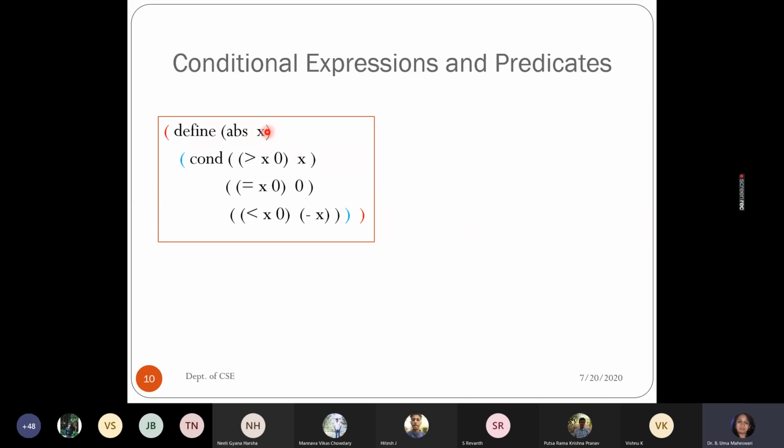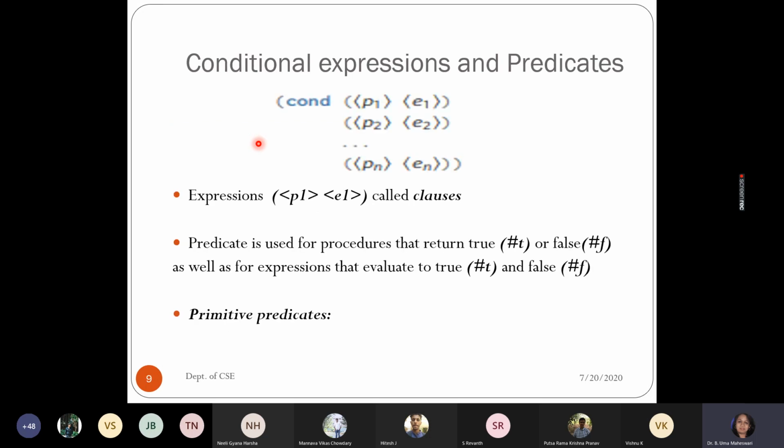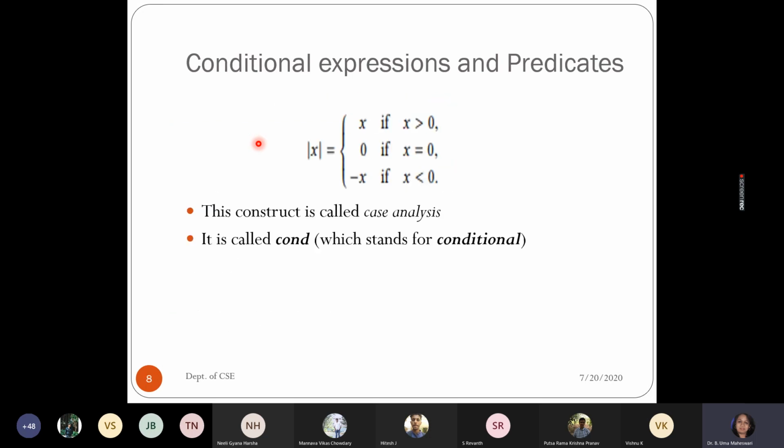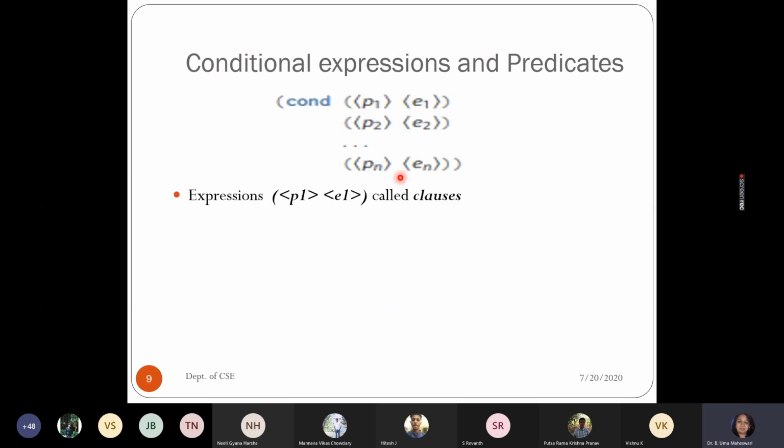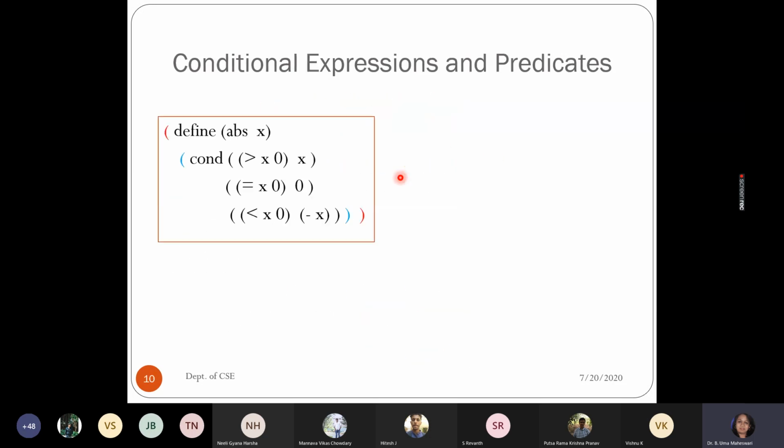Let us take this particular example. Define absolute of x. What I have written in mathematical form in the previous slide can be written very clearly in Lisp like this. Defining absolute of x: this language provides cond. You just see the brackets.